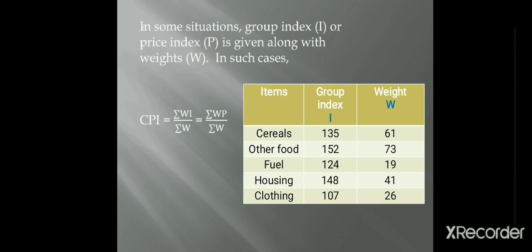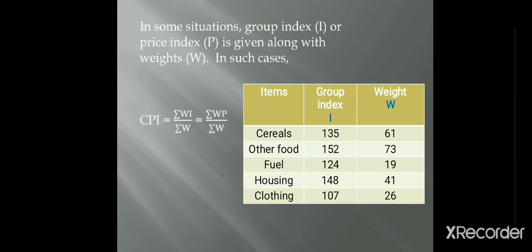In such a case, price index is denoted with capital P. For such problems, consumer price index is calculated using the formula summation WP divided by summation W, where once again W stands for weight and capital P speaks about the price index of that particular group.